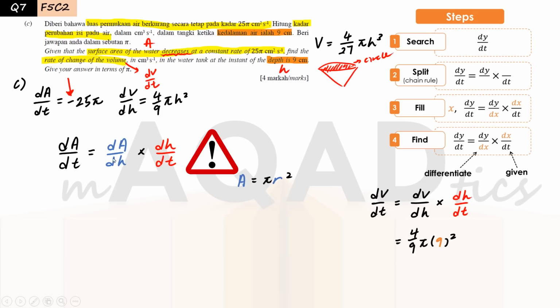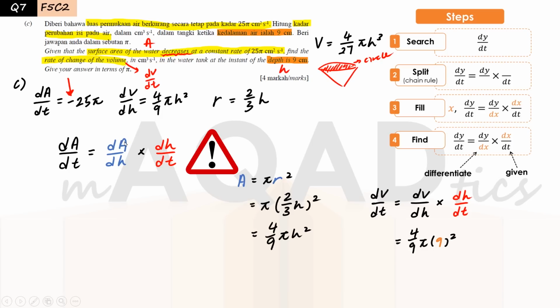But as you see here, it must have a relationship of A and h. So we need to change this r into h, which we can do using the information in part A just now. Remember the triangle? This is the relationship that we got just now. So for r, I'm going to substitute this value inside. This will be the result.